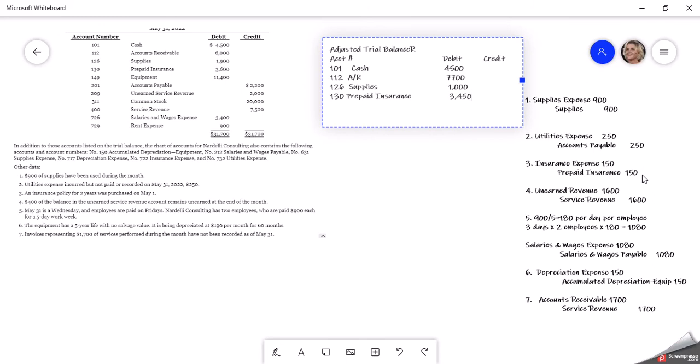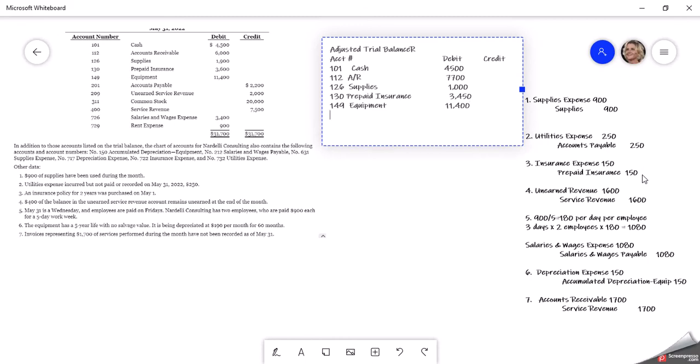Okay, then our next one is equipment, and equipment itself does not change, but now we have added that accumulated depreciation. So as we come down, our equipment is still 11,400.